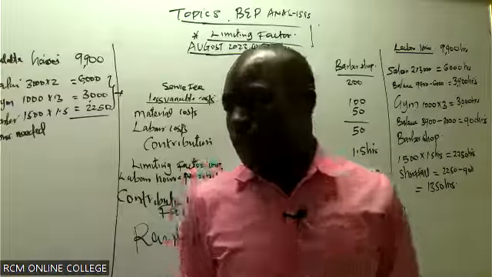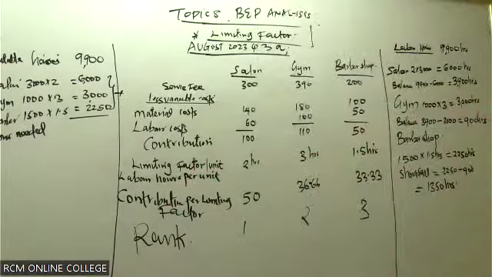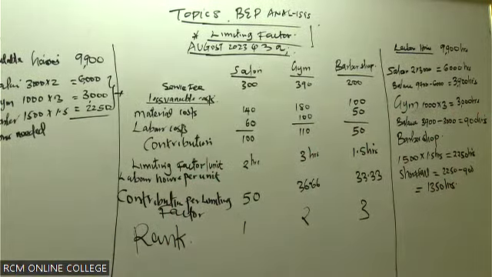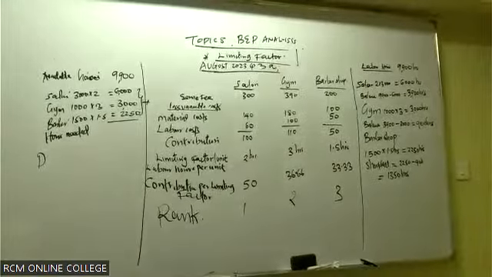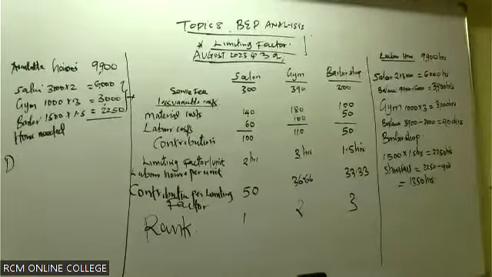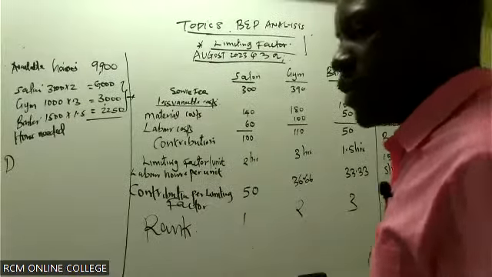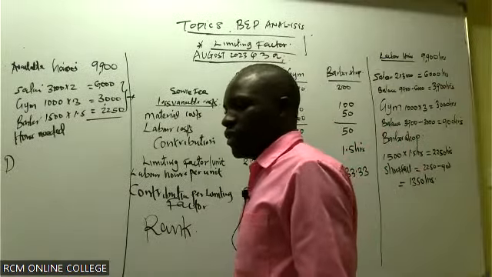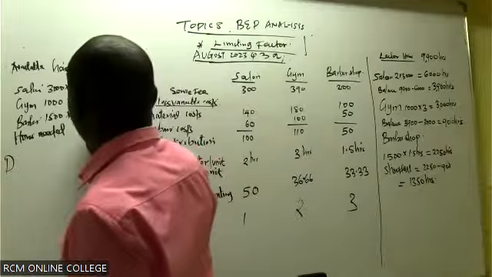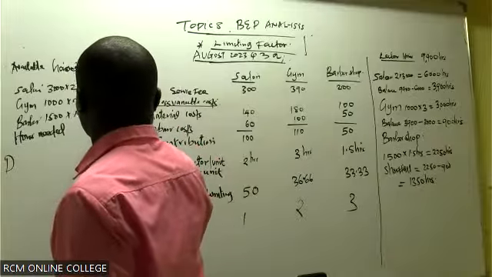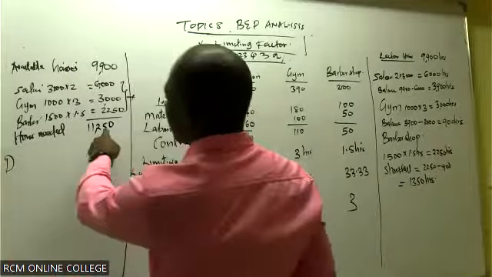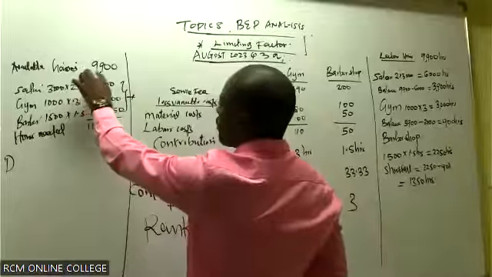Hours needed tutakuwa na ngapi if you add everything? 11,250. 11,250 is what you need, but you only have 9,900.